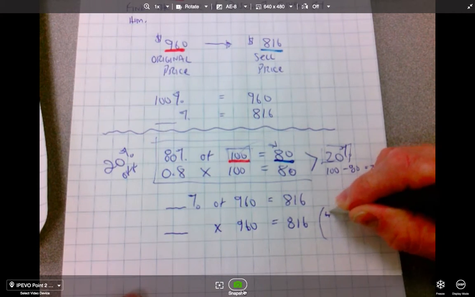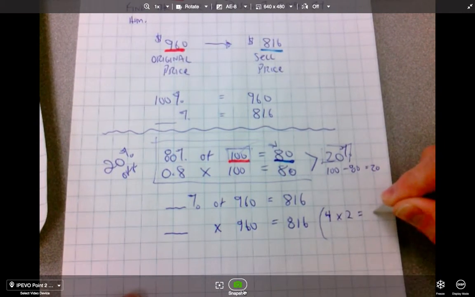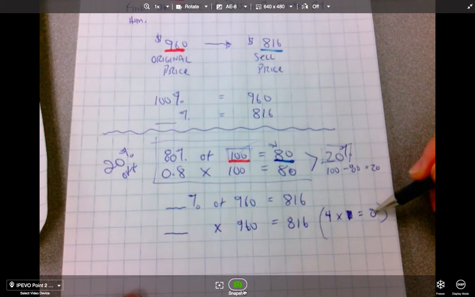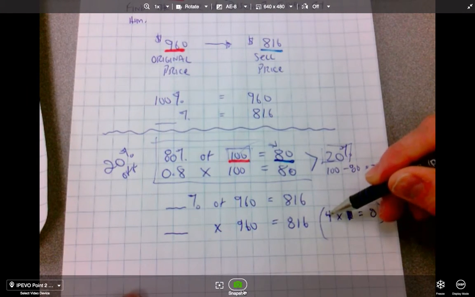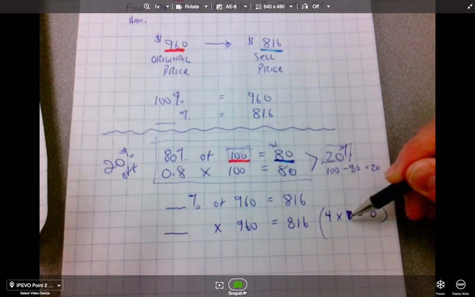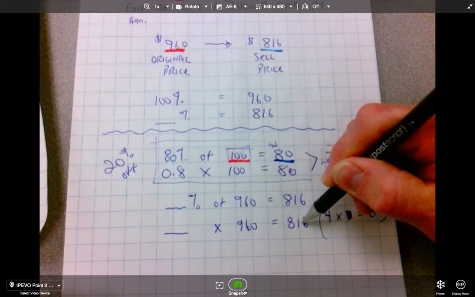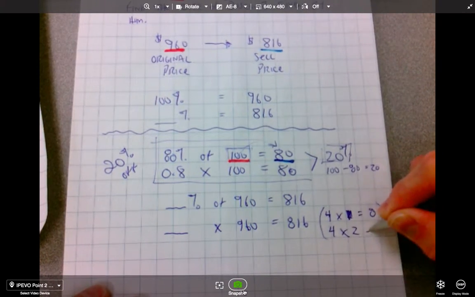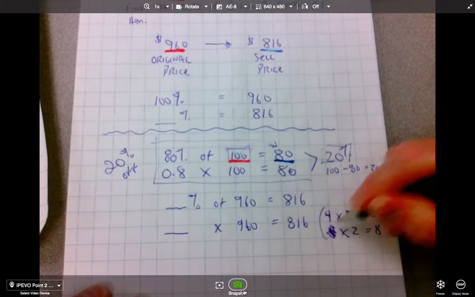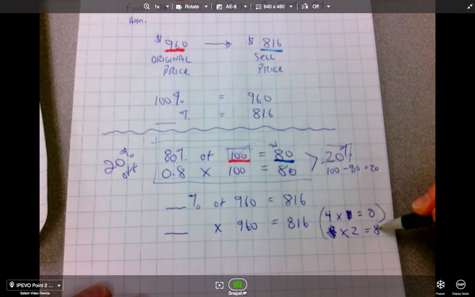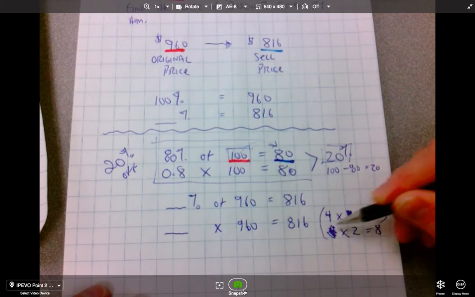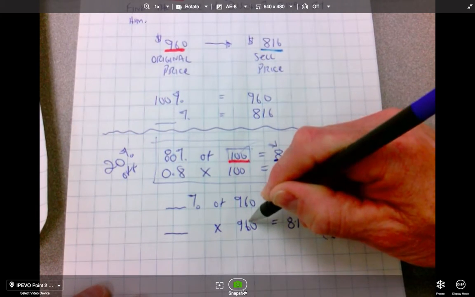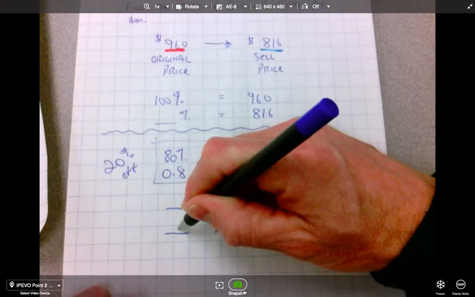If I did 4 times 2 gave me 8, but this number was missing, I would have to do 8 divided by 4 to get me this. Okay, now I get it. Actually, let's make that easier. 4 times 2 equals 8, and let's say this is the number that's missing. I have to do 8 divided by 2 gives me this number. So 816 divided by this will give me this number.